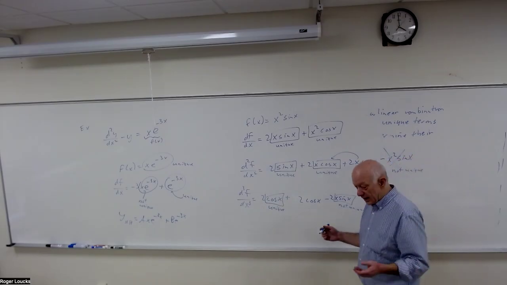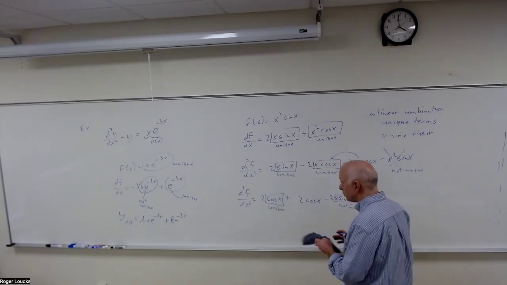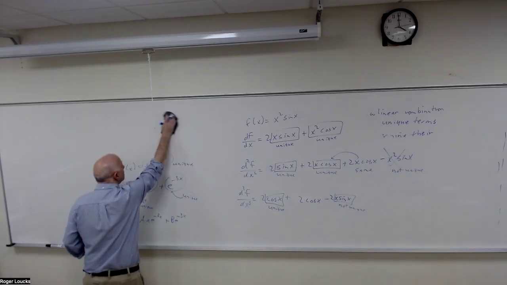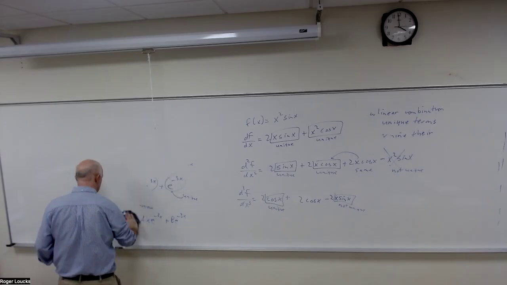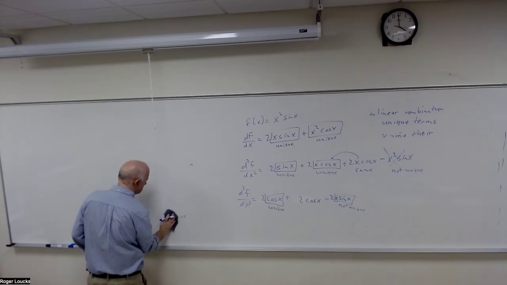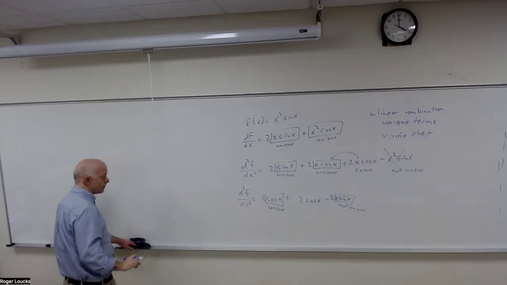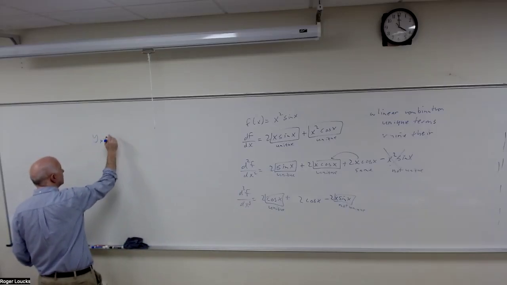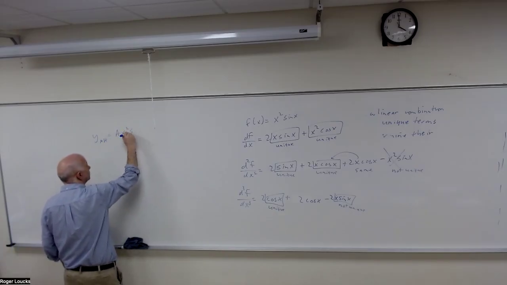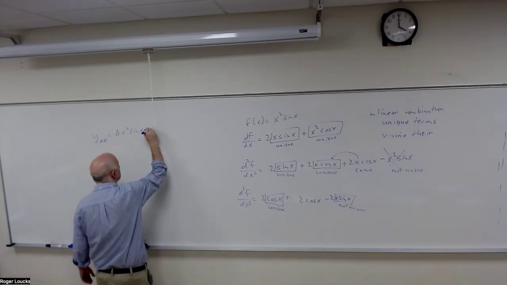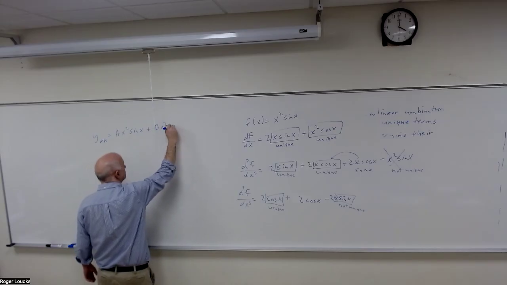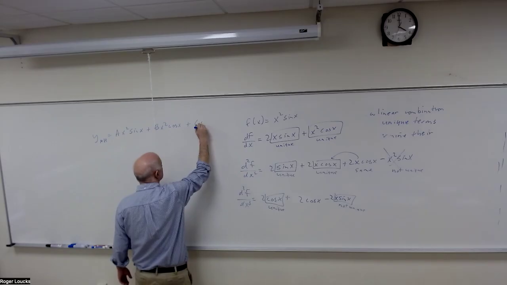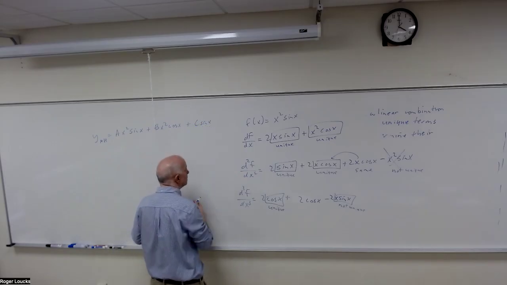So what would you have here then? We're going to have for a solution, I'm going to say, A x squared sine of x plus B x squared cosine of x plus C x sine of x.